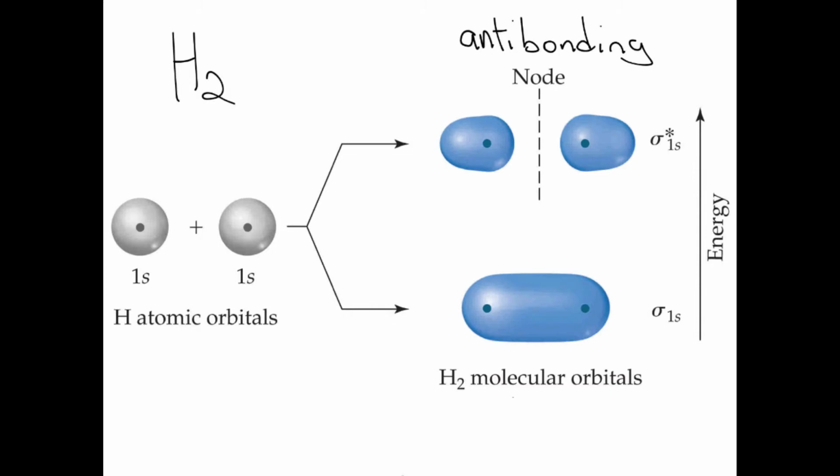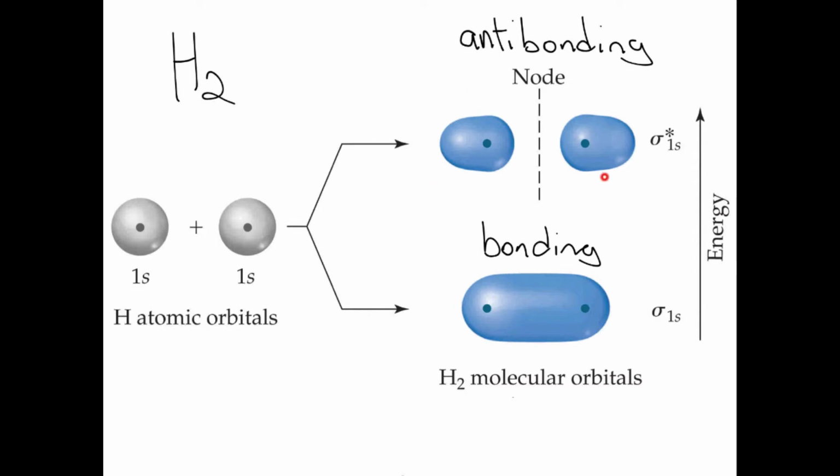It's to be contrasted with the one on the bottom, which is of course a bonding molecular orbital. In other words, this molecular orbital describes where the electrons would be if they were in a bond between these two nuclei. Again, we're talking about hydrogen atoms coming together to make H2, so we know that there'd be a total of 2 electrons. And we know that 2 electrons can be placed in an orbital. So this bonding orbital is essentially the region of space that we would expect those 2 electrons to be in.